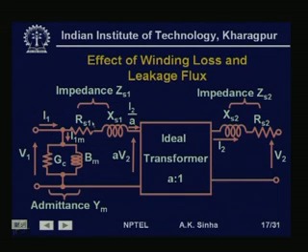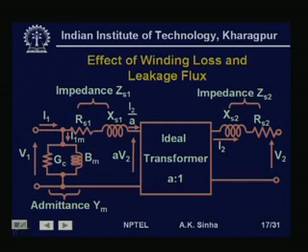This will be put here to represent the losses in the primary winding. Similarly, on the secondary side, the winding will have resistance RS2, and this RS2 represents the losses in the secondary side winding.